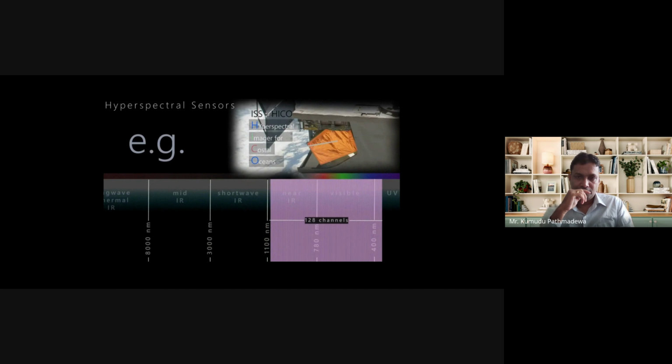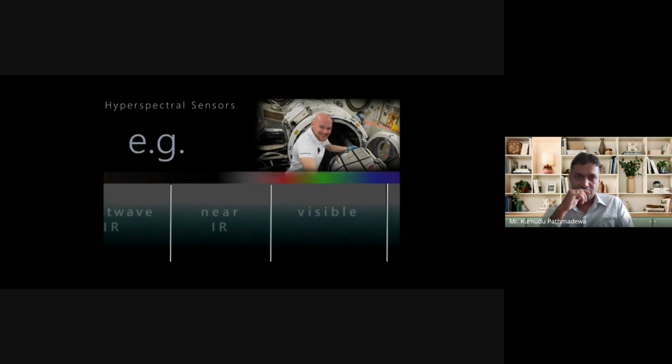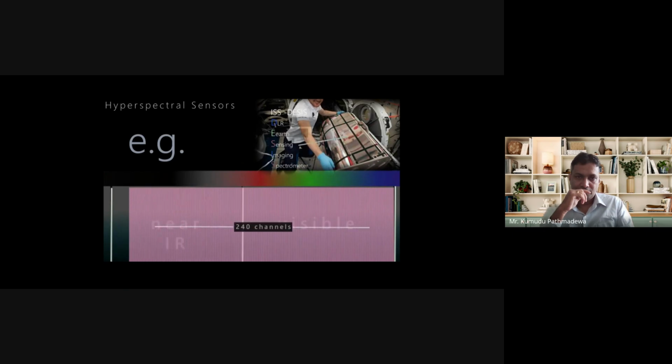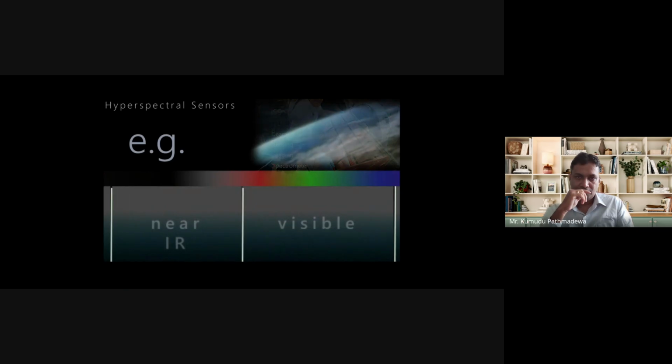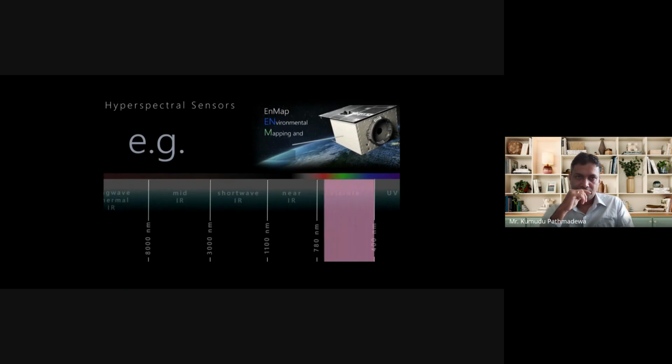Therefore, sensor systems such as the ISS DESIS, which observes the Earth in 240 channels in the visible and near-infrared range, are still pioneers in this field. However, the opportunities presented by hyperspectral imaging are promising, and the first operational satellite systems with this revolutionary technology are about to be launched.